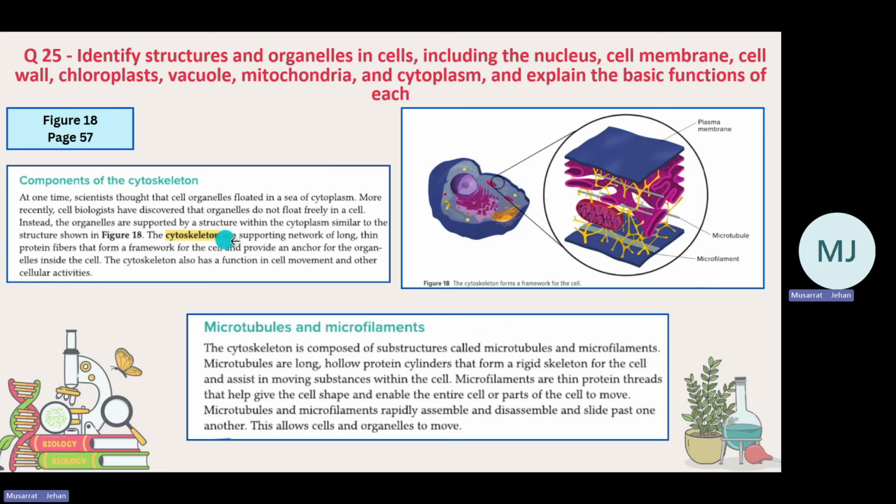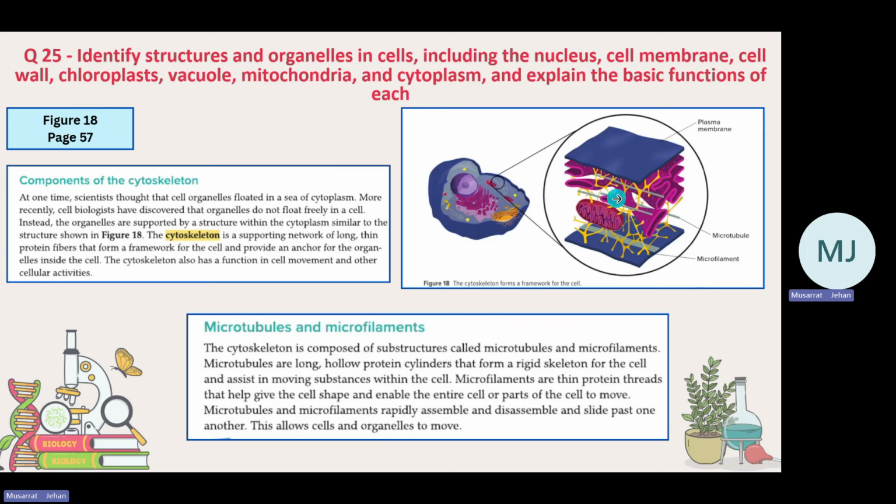The organelles are supported by a structure within the cytoplasm, which is just like this structure. We call it the cytoskeleton. It is a supporting network and it has two types of protein fibers. Fibers are made up of protein, two types of items. One is long, thin protein fibers like these ones, and forms a framework for the cell and provides anchoring for the organelles inside.